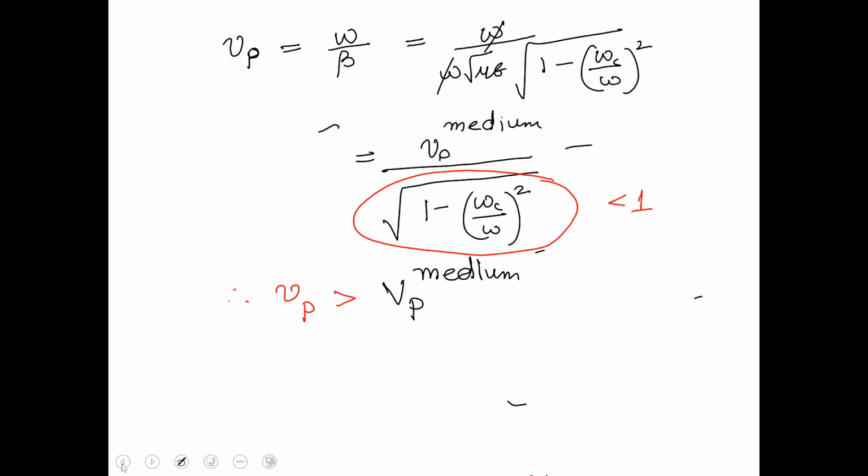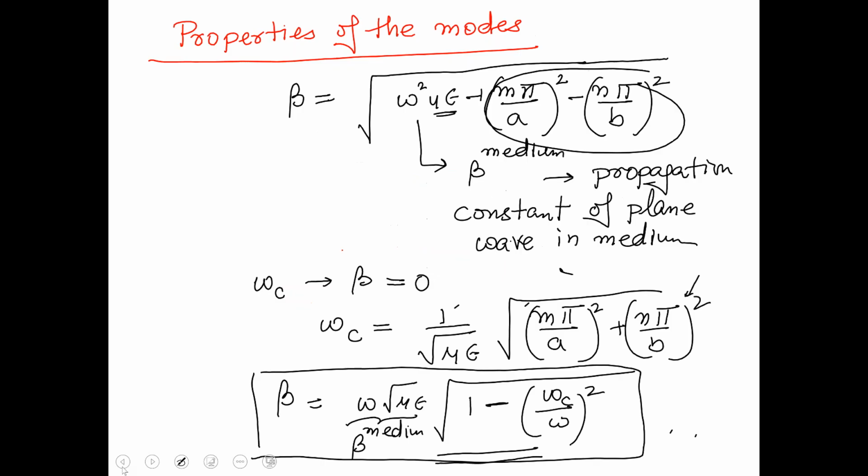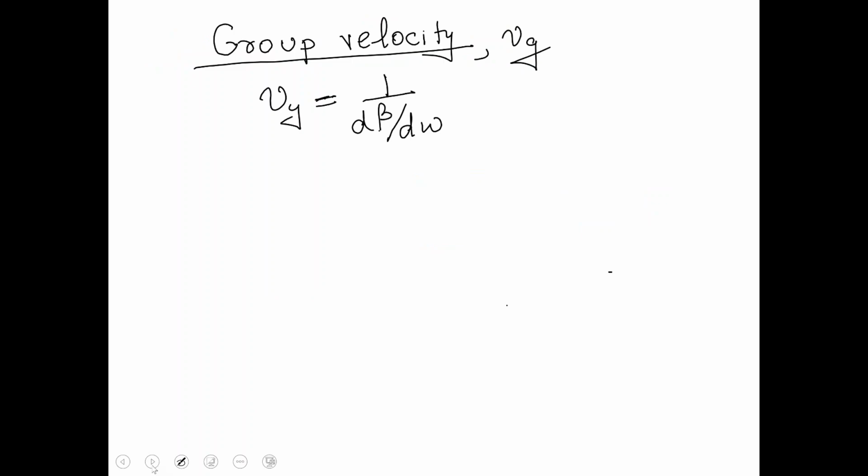So we have to take the derivative of beta with respect to omega to get the velocity. You can take the derivative, it's not that difficult to do. But normally we do it in a slightly better way.